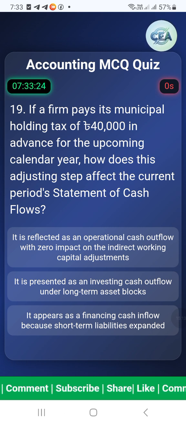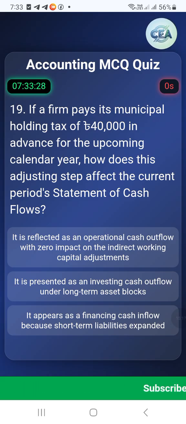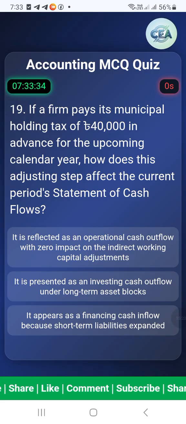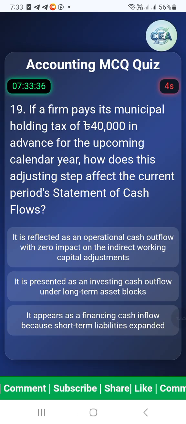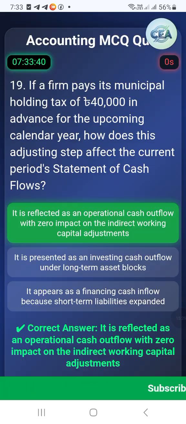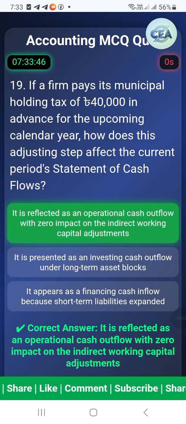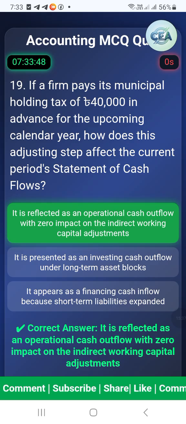It is presented as an investing cash outflow under long-term asset blocks. Option 3. It appears as a financing cash inflow because short-term liabilities expanded. Correct answer is it is reflected as an operational cash outflow with zero impact on the indirect working capital adjustments.